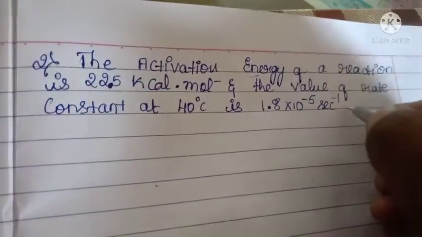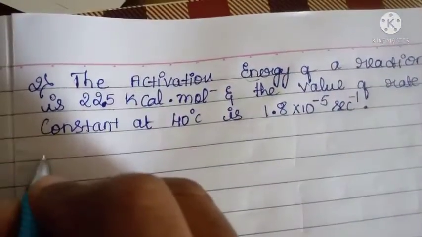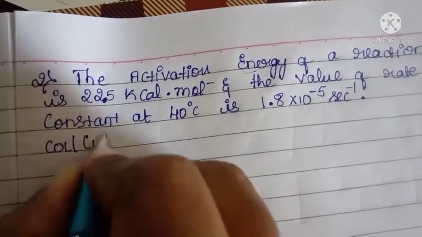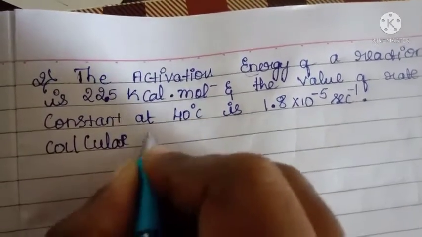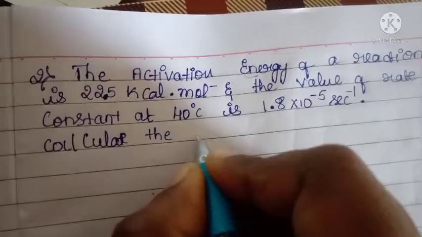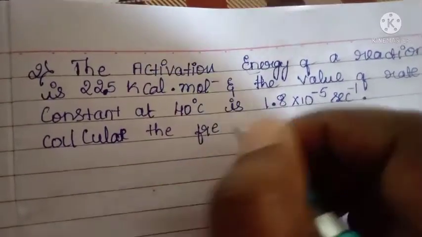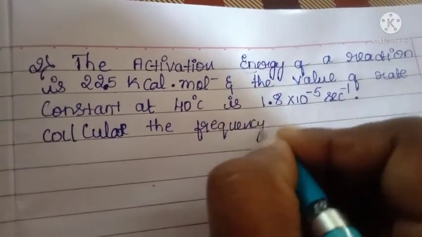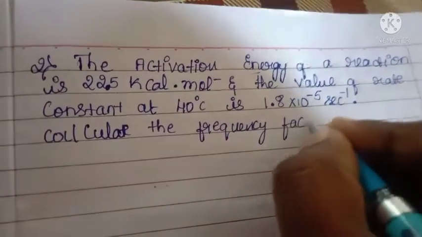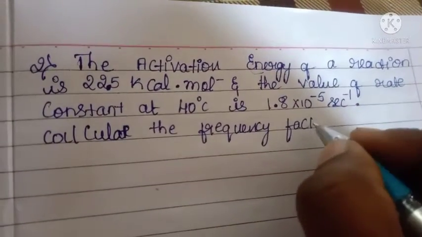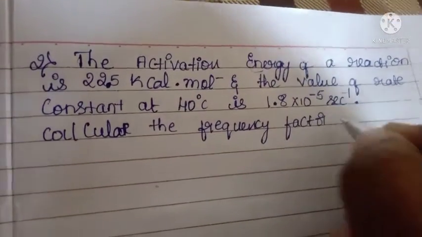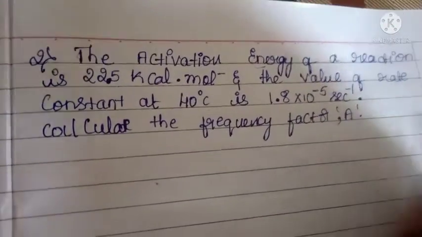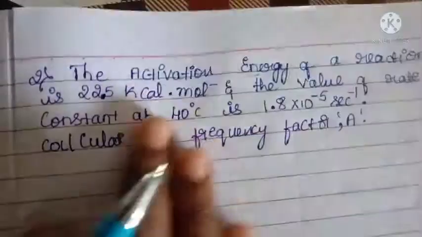Okay, so then finally we can calculate the Arrhenius constant, the frequency factor. Frequency means collisions. How many collisions should be taking place? Okay, and that is A. Frequency factor A. This is the problem.